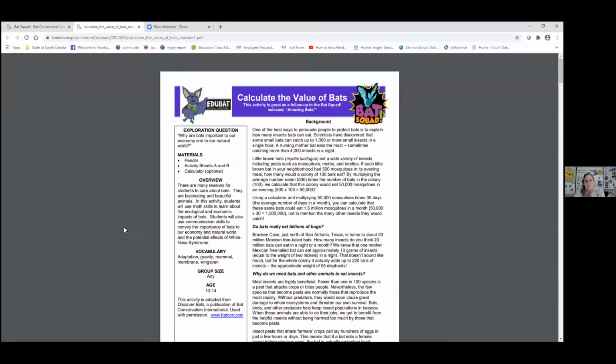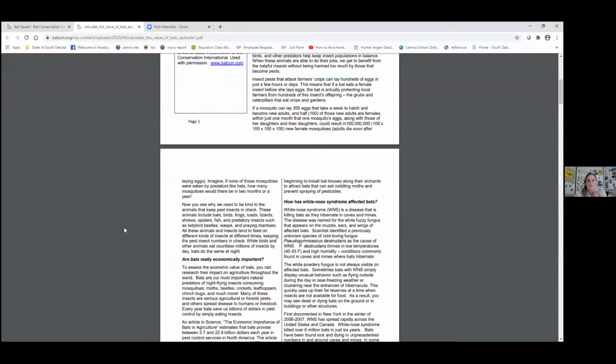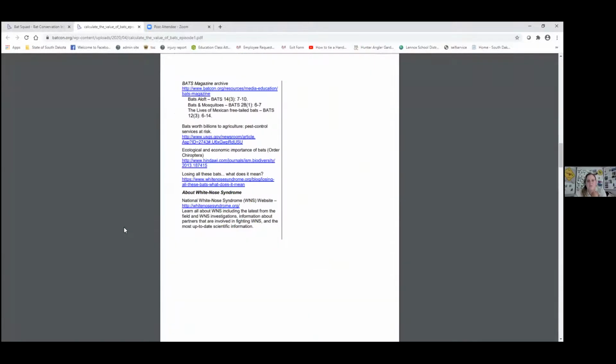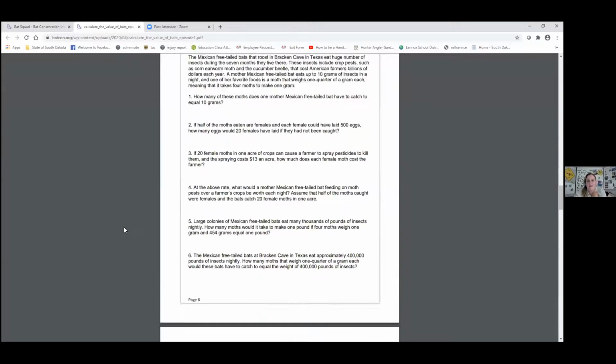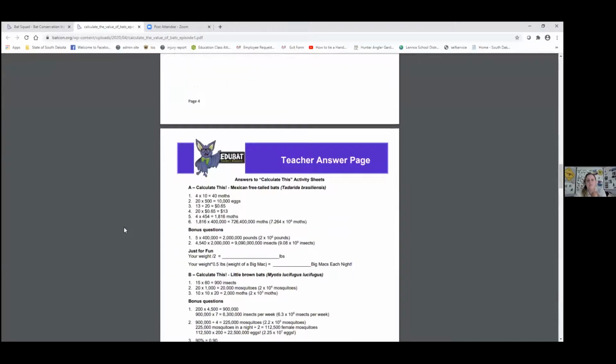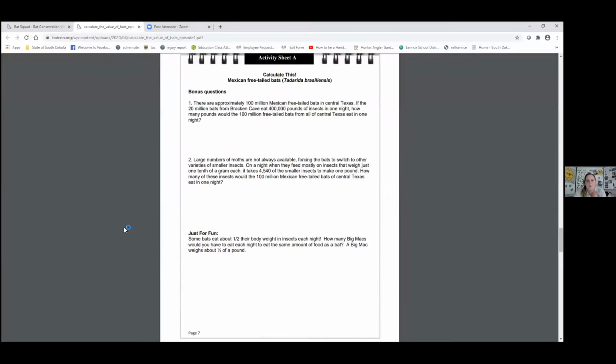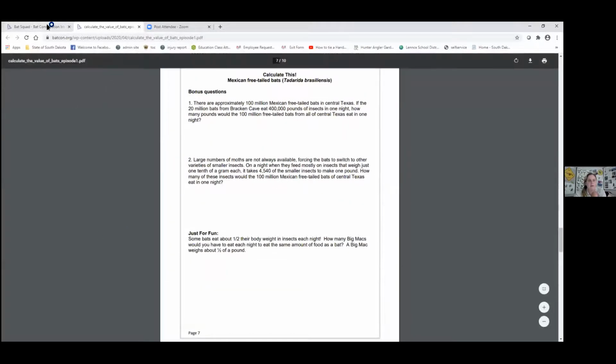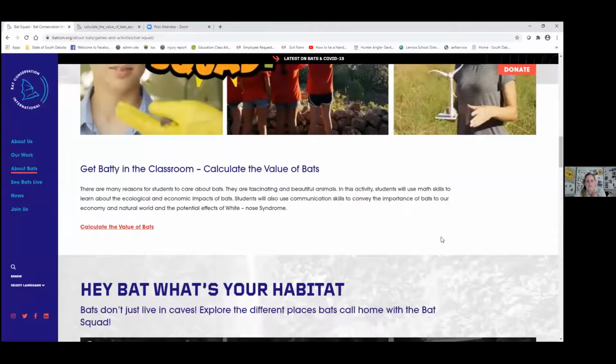They've got background information if you're a homeschool mom, or if you are just completely geeking out about this bat stuff. All kinds of information and resources, and an answer page. That's really helpful. That can help you learn a little bit more about bats and incorporating that in, which I just think is super cool.